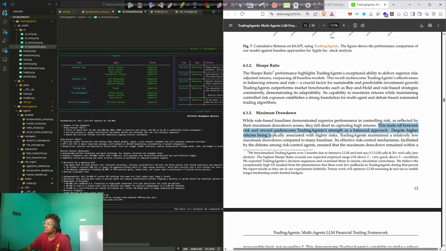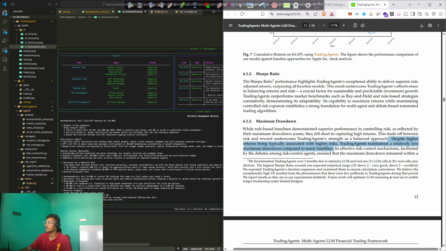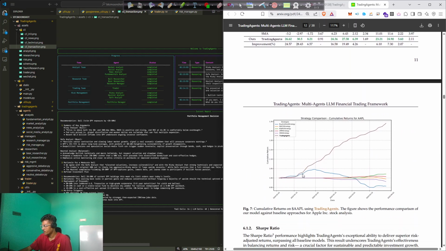This trade-off between risk and reward underscores trading agents' strength as a balanced approach, right? Despite higher returns being typically associated with higher risks, trading agents maintained a relatively low maximum drawdown compared to many baselines.